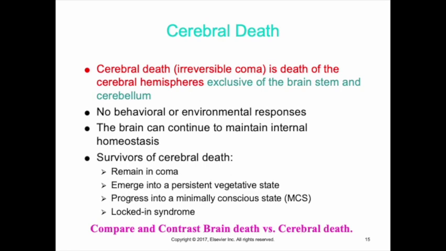Cerebral death or irreversible coma is by definition the death of the cerebral hemisphere exclusive of the brainstem and the cerebellum. So the damage here of the brain is going to be permanent. The individual is going to be unable to respond with appropriate behaviors in significant ways to the actual environment.